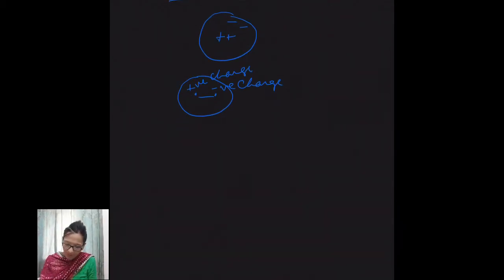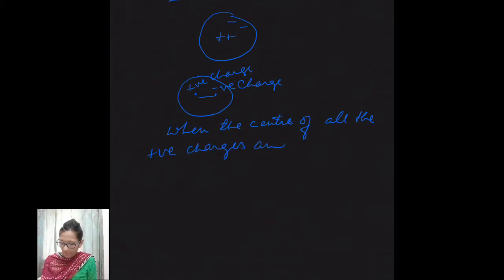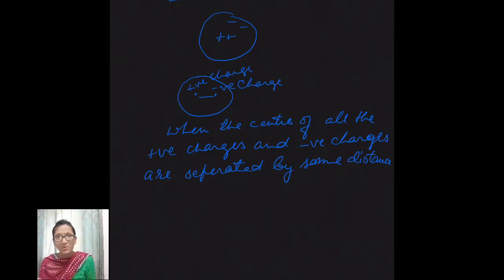So what is a dipole? When the center of all the positive charges and all the negative charges are separated by some distance, then they form a dipole.